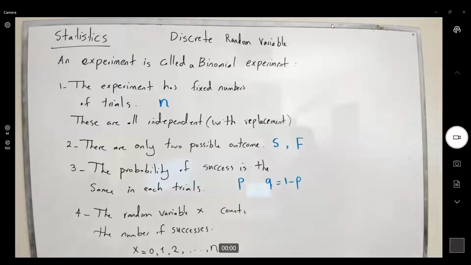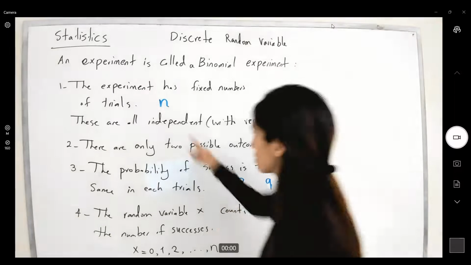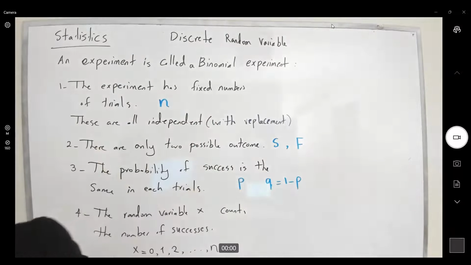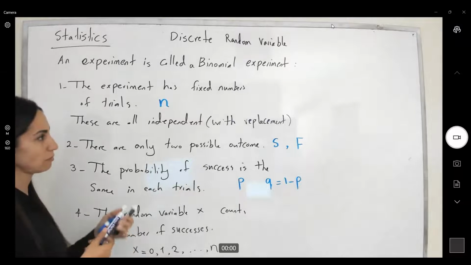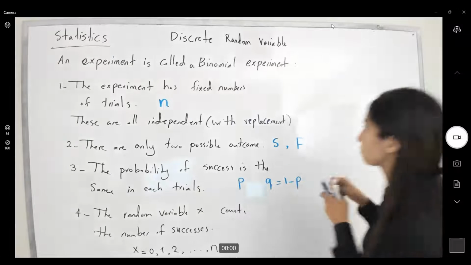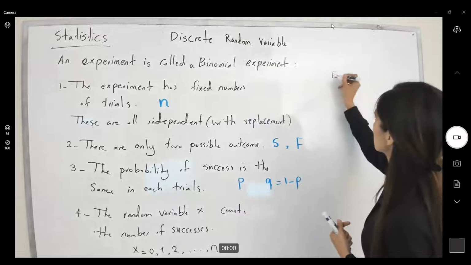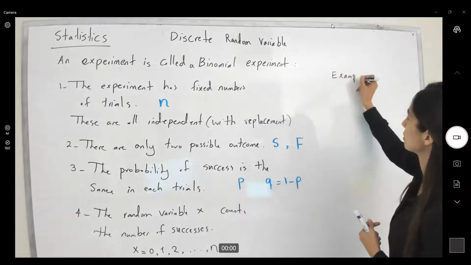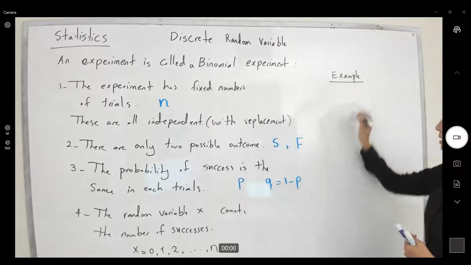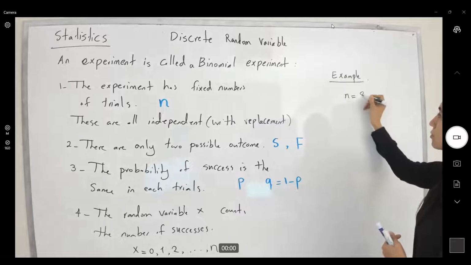Very good. So in this example, as you saw, n, the fixed number of times, is exactly 8 surgeries. We're checking each of these conditions. n is equal to 8 surgeries.